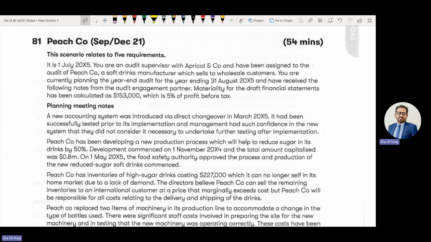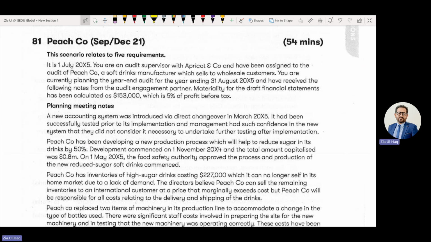It is 1st July 20x5. You are an audit supervisor with Apricot company and you have been assigned to the audit of Peach company. You are going to audit Peach. You are coming from Apricot. A soft drink manufacturer, meaning your client is a soft drink manufacturer which sells to wholesale customers.